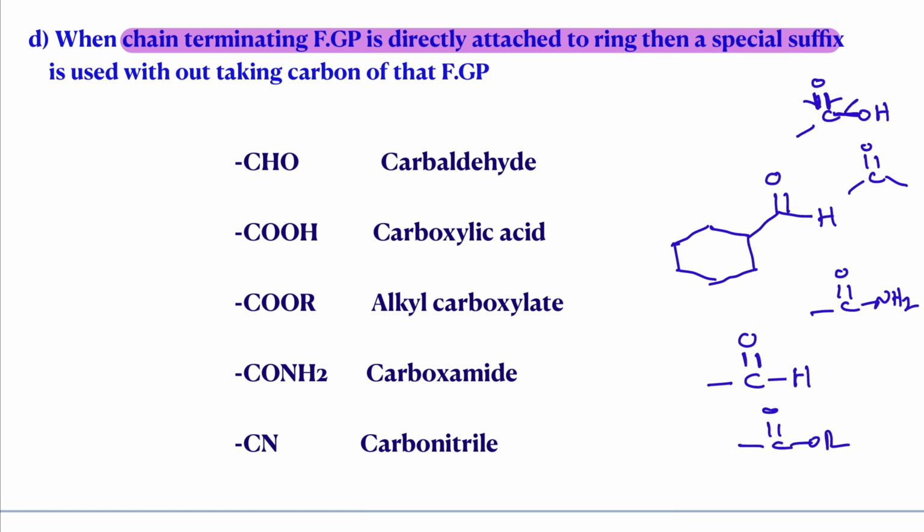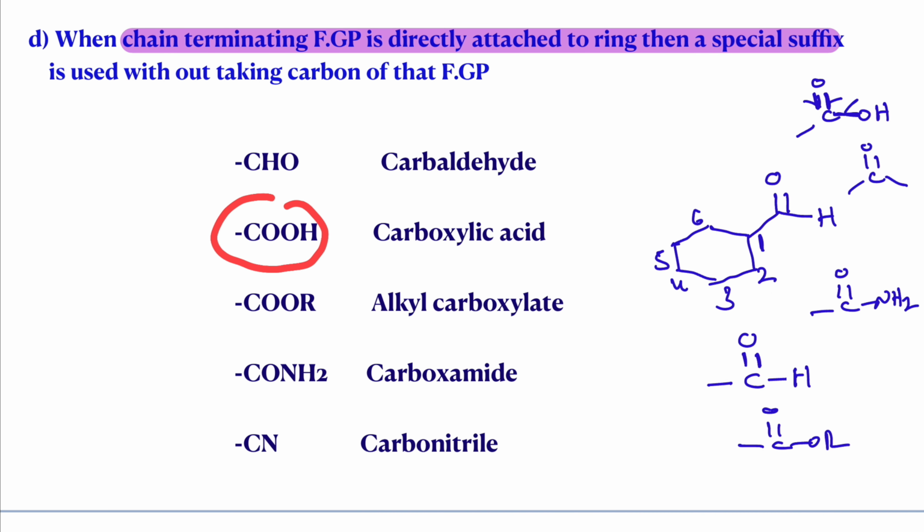No doubt it is a first grade functional group, but this carbon cannot be taken into the longest chain. In that situation you have to give numbering like this, and instead of a normal suffix you have to use a special suffix. For example, in case of aldehyde we have to say carbaldehyde. So this is cyclohexane carbaldehyde.